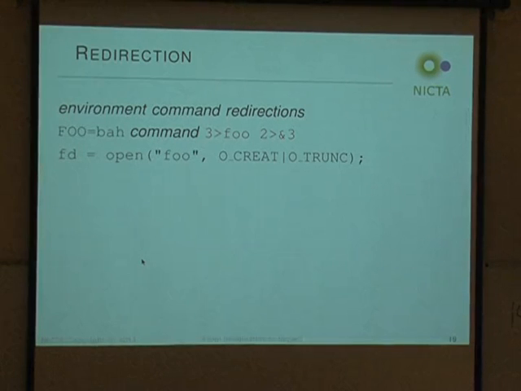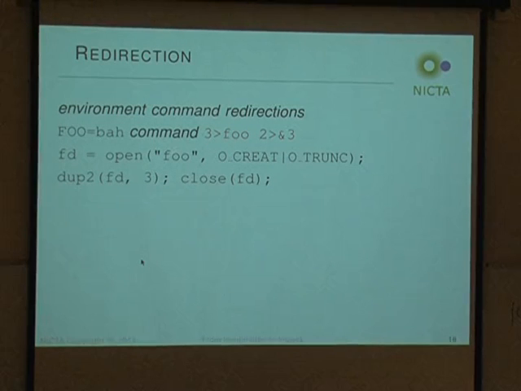That file descriptor could be anything at this point. So the first thing it does after that is duplicate it to file descriptor 3 and then close the original. So now we have file descriptor 3 pointing at foo for output. Then we call dup2 from 3 to 2, which closes whatever 2 was and makes it the same as 3.